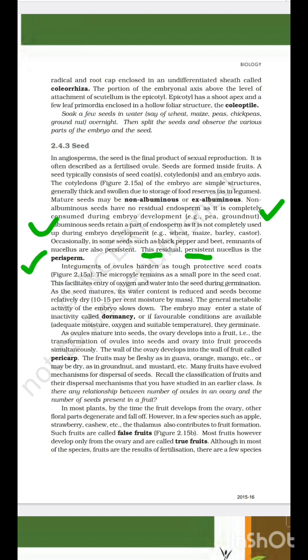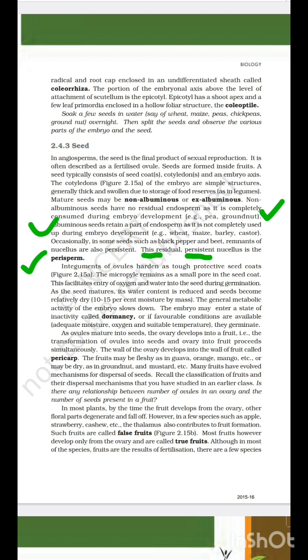It is a very important point. Integuments of ovules harden into a tough protective seed coat. The micropyle remains as a small pore in the seed coat. This facilitates the entry of oxygen and water during the seed germination. As the seed matures, its water content is reduced and seeds become relatively dry.